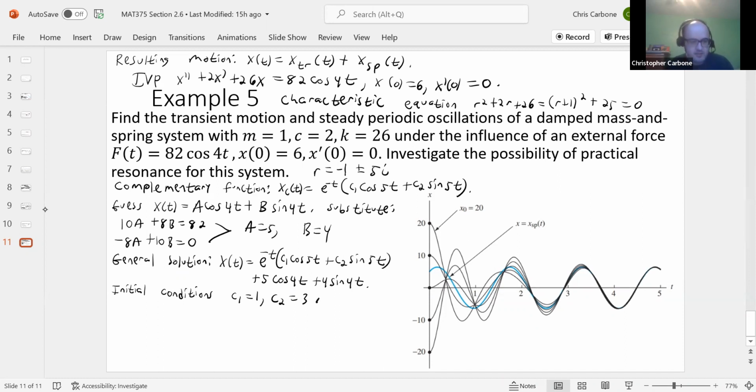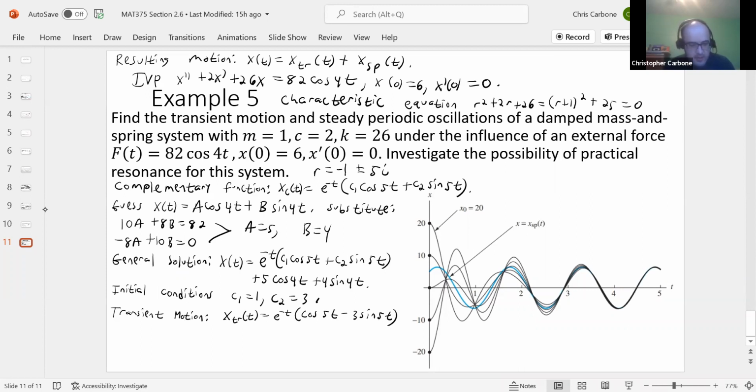So the transient motion would be x sub tr of t. This is e to the negative t times the cosine of 5t minus 3 times the sine of 5t.